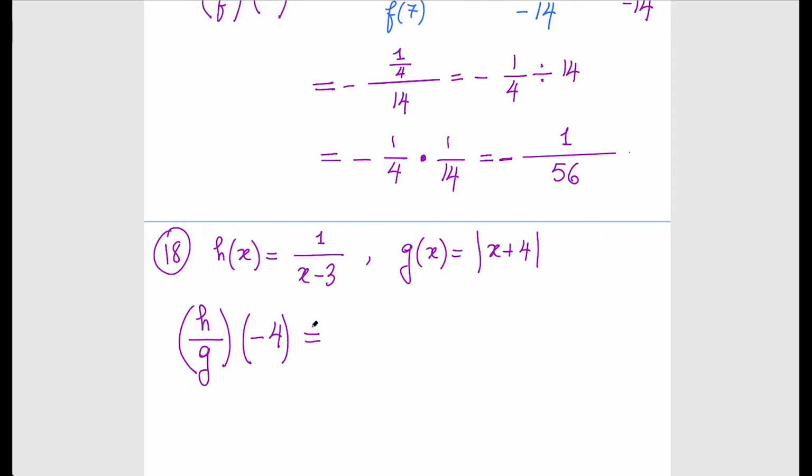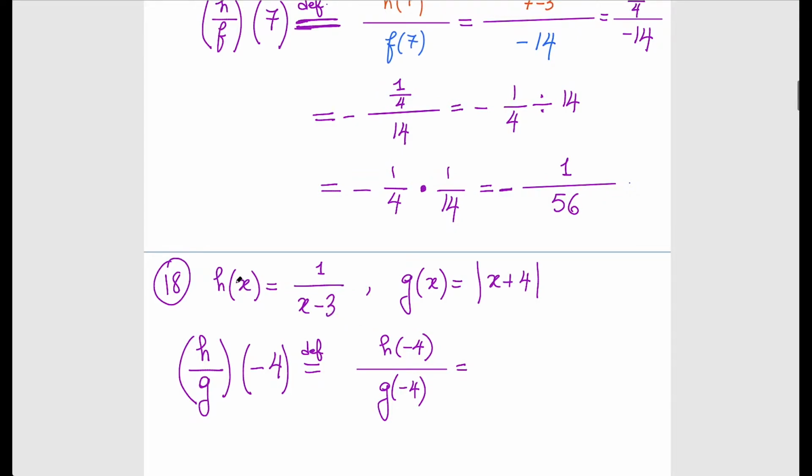Let's see. By definition, this is h of negative 4 divided by g of negative 4. What's h of negative 4? It's 1 divided by negative 4 minus 3, divided by g of negative 4, and g of negative 4 is the absolute value of negative 4 plus 4.